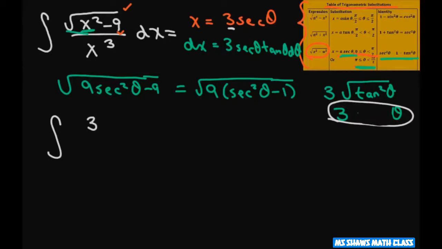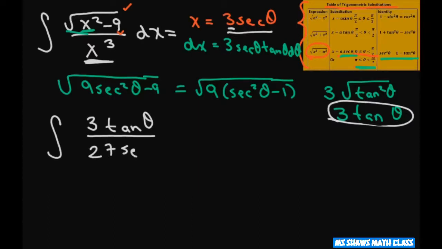So 3 tan theta divided by our x cubed, which, plugged in, is 27 secant cubed theta, times our dx, which is 3 secant theta tan theta d theta.